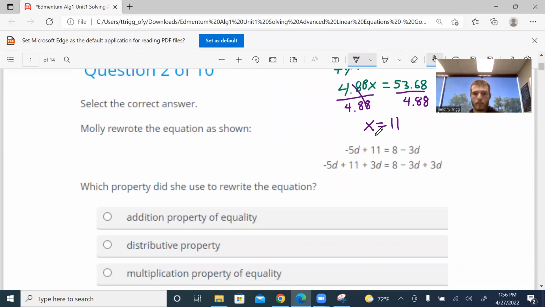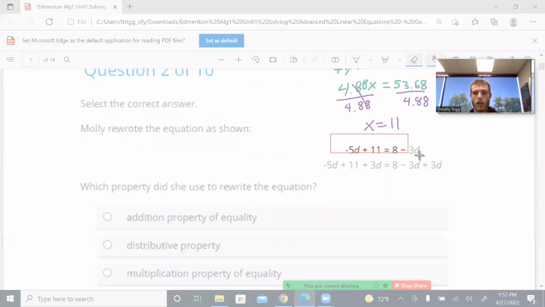Question 2. Here we have 5d plus 11 equals 8 minus 3d. If I wanted to solve this, what would I do first? Well, if you know me, you know I do not like variables on both sides of the equation.